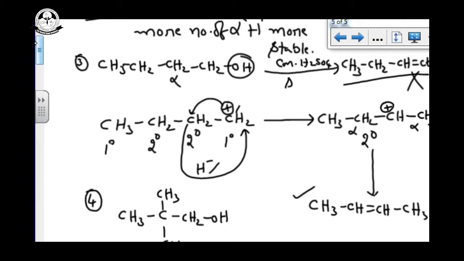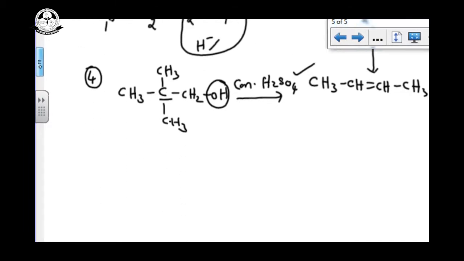Whether the elimination is possible, you are writing the concentrated sulfuric acid, I am adding. So you are removing OH from here, and the next carbon contains no hydrogen here. Then how to remove water? See the mechanism carefully. What is the answer for this one?